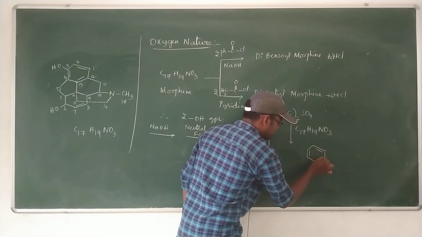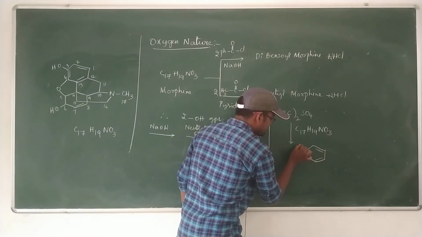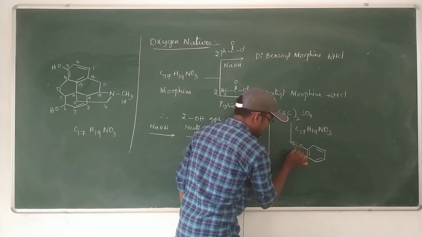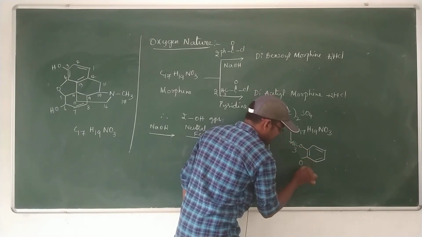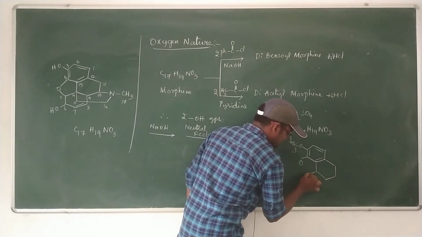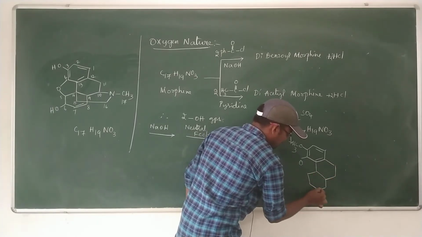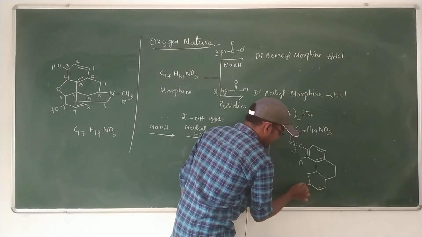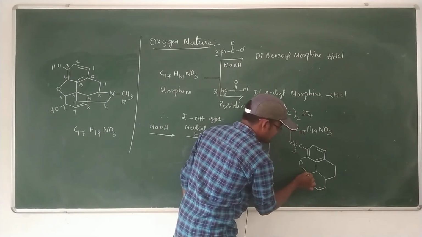This is a benzene ring. The OH is converted into OCH3. Then the second ring, and this is the third ring. The third ring has the secondary alcohol, and this is the fourth ring.